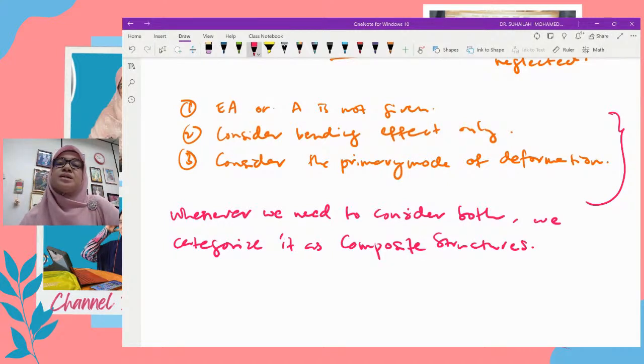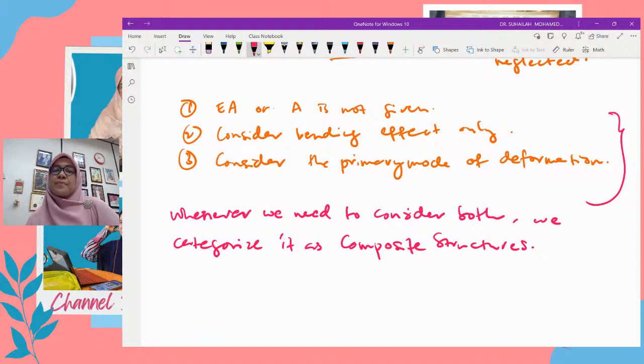So in conclusion, whenever we want to analyze a frame and we understand that we need to consider the bending effect only, because whenever we need to consider EA plus EI, the question will mention a composite structure, meaning we need to consider both effects, axial rigidity plus flexural rigidity.